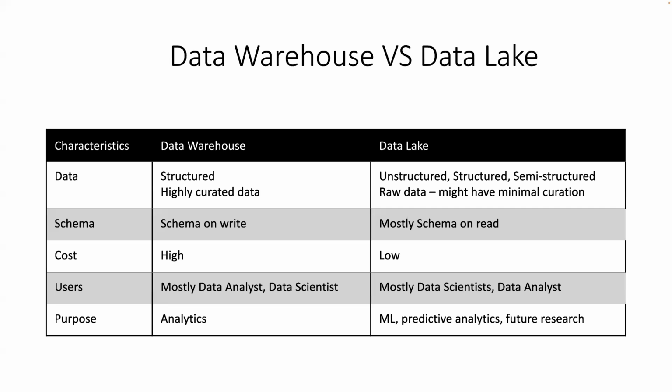In a data lake, you can put pretty much any sort of data, right? It can include unstructured data, like your audio files and images and things like that. You would put all those types of raw data in a data lake, and maybe you'll need it for some machine learning purpose later, to do sentiment analysis or things like that. So that's the type of data you would store.